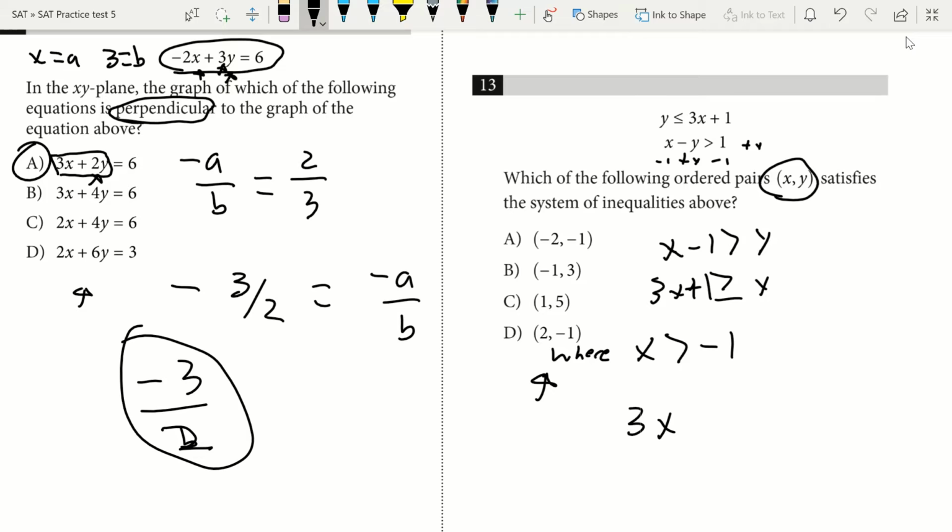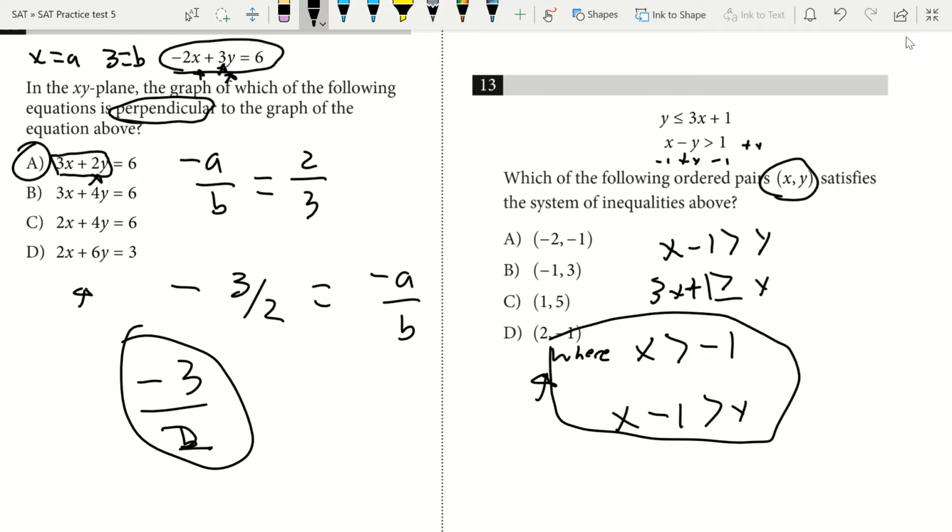Or, I'm sorry, not 3x plus 1. I know where x is greater than negative 1, right? My x minus 1 will have to be greater than my y, right? So that's the equation that I'm going to use here.